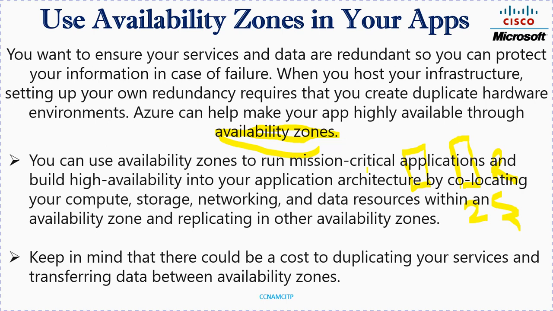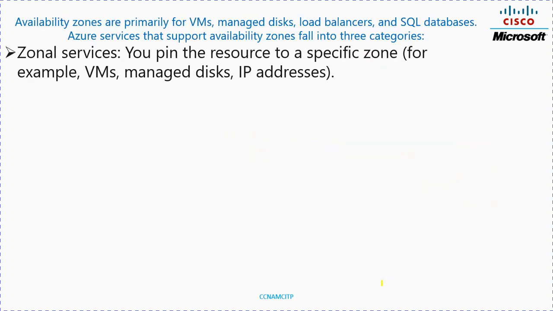Apart from this, keep in mind that there could be a cost to duplicating your services and transferring data between availability zones. Yes, it may charge you some amount. Availability zones are primarily for virtual machines, managed disks, and load balancers.